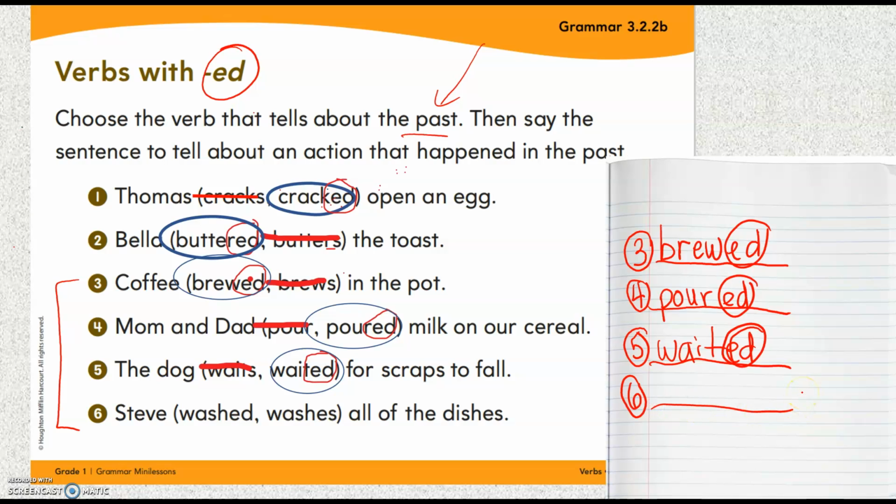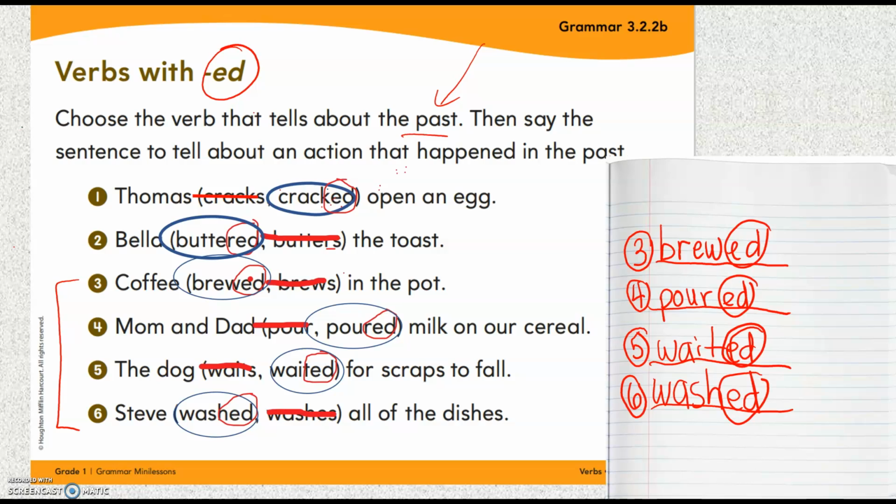What about number 6? Steve washed all the dishes. There's my ed ending. My answer choice is washed, and it cannot be washes. So for your number 6, you should have recorded washed and circled the ed.